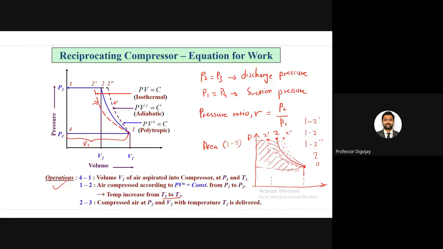If I follow the isentropic way, I will require maximum area. That is why very special importance is given to isothermal compression. In case of isothermal compression only, we will require less work or less power from the electric motors.